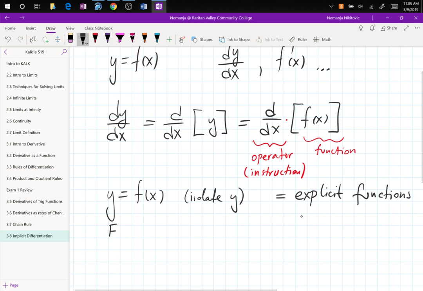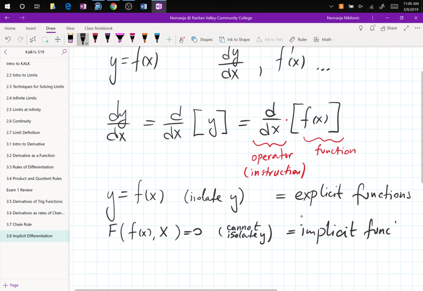And the functions where you cannot do that, so your function is f of x, and then x, let's say equal to 0, and you cannot isolate y, are called implicit functions.